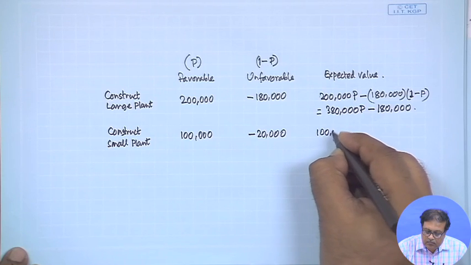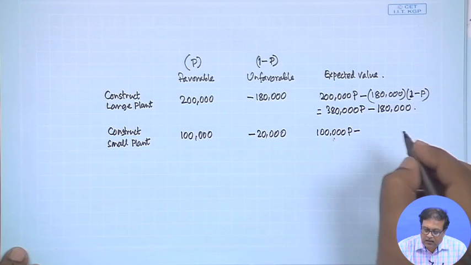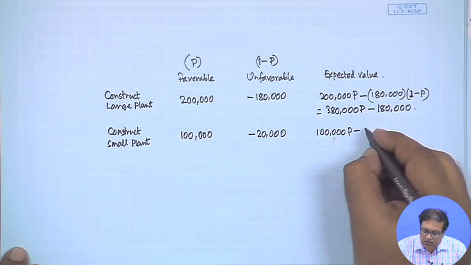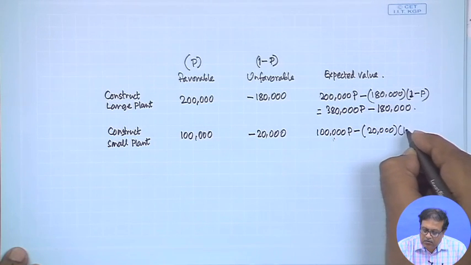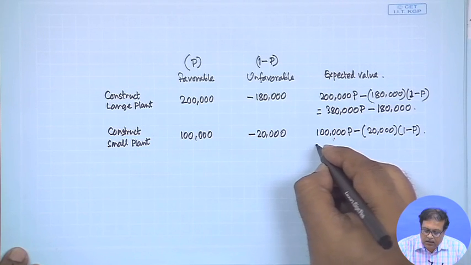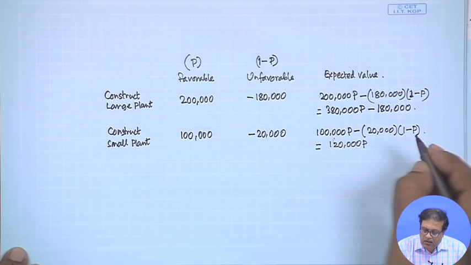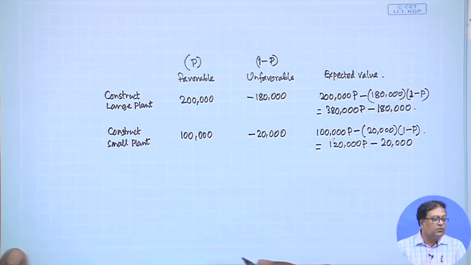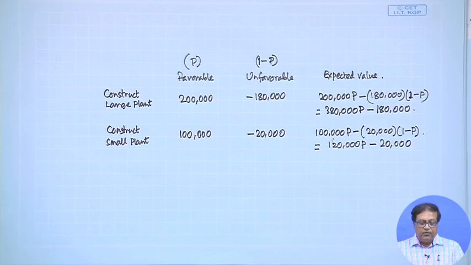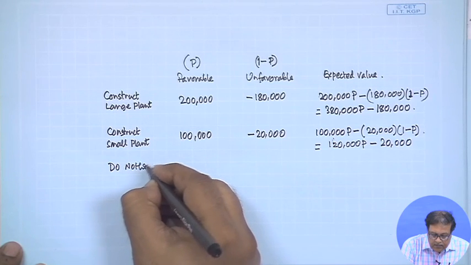Similarly, for the second one, it will become 100,000 into P minus 20,000 into 1 minus P, and it comes out to be 120,000 P minus 20,000. Obviously there is a third option also, do nothing.